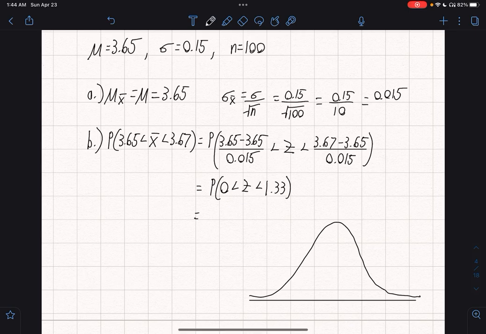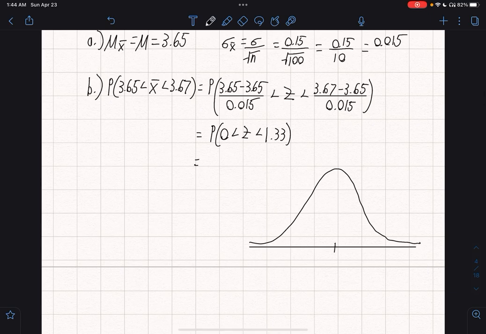Okay, well, we know that z is centered on 0. We know that everything to the left and to the right of 0 is 0.5, so I know that this is 0.5. Then I have 1.33 here. So we're going to need to look up this value in our table.